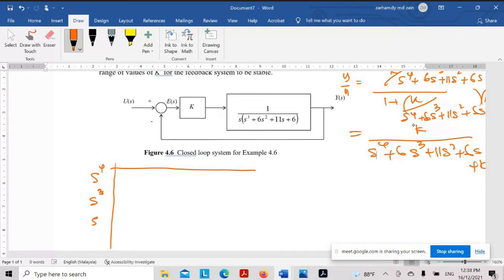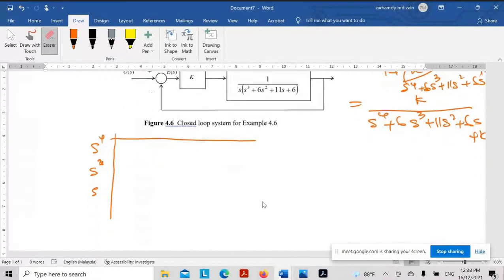So we have S power of 4, 3, 2, 1, and 0. Try, okay? Five minutes. In the meantime, any questions?